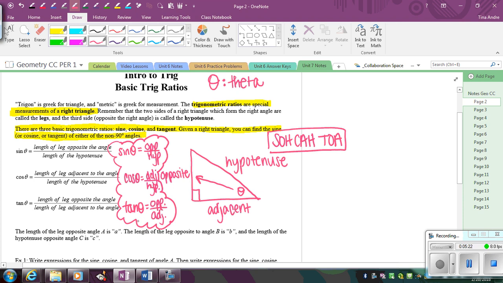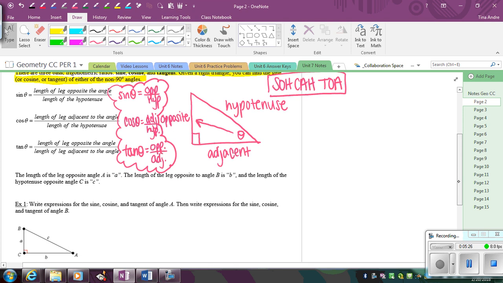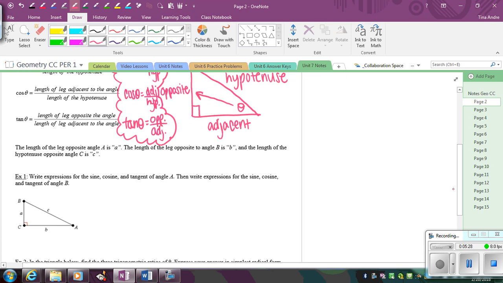So let's actually look at how you use these formulas. Down here, we have example 1 where you see a triangle labeled ABC and sides across from those labeled with lowercase letters. That's something to point out: when we're talking about a triangle, if C is the angle, then the side across from it we call lowercase c, because with angles you always use capital letters for the points.